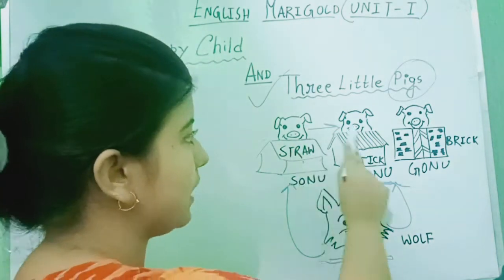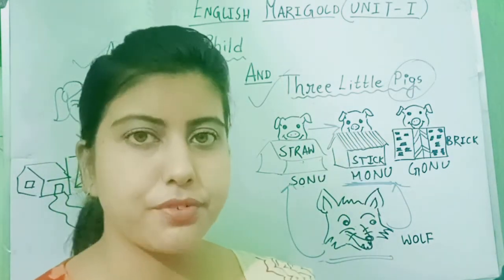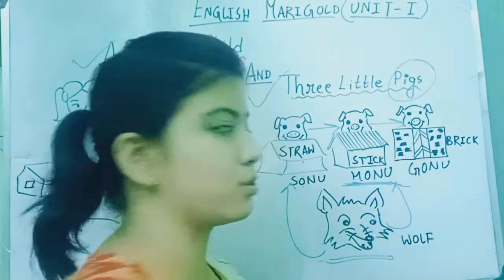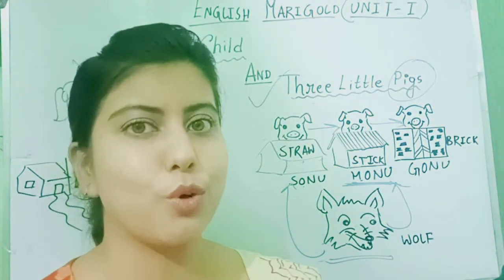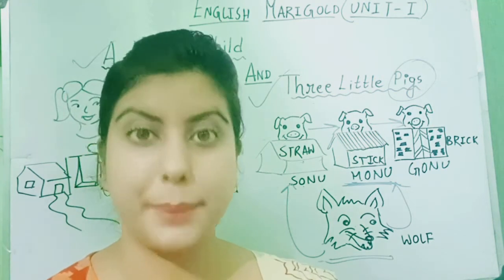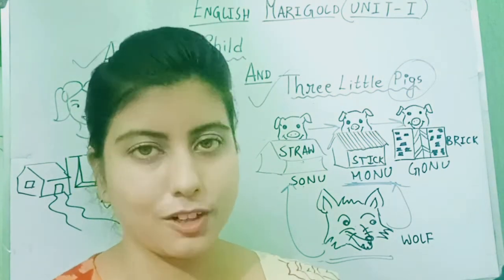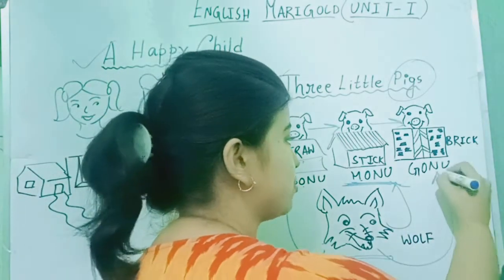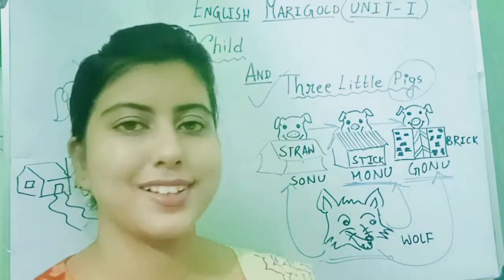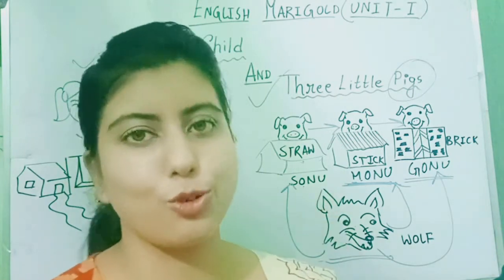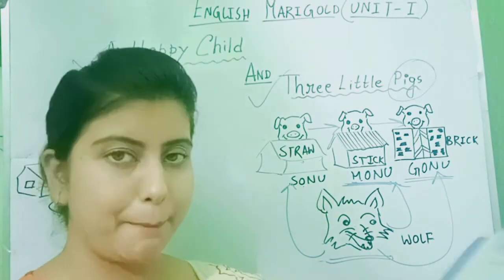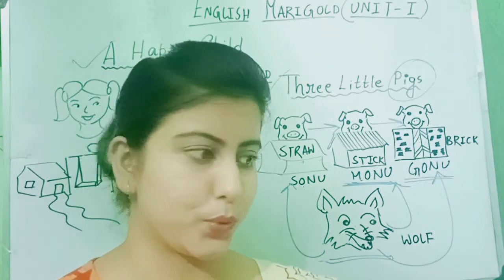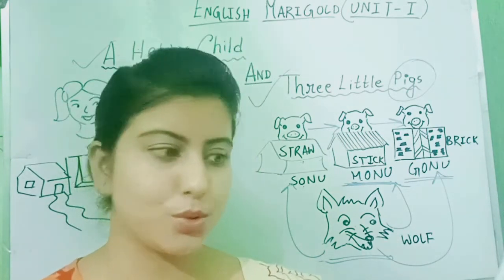Now Sonu and Monu became very frightened and they ran to Gonu's house. The house of Gonu was made of brick. That was the strongest among all. Now the wolf came to Gonu's house.